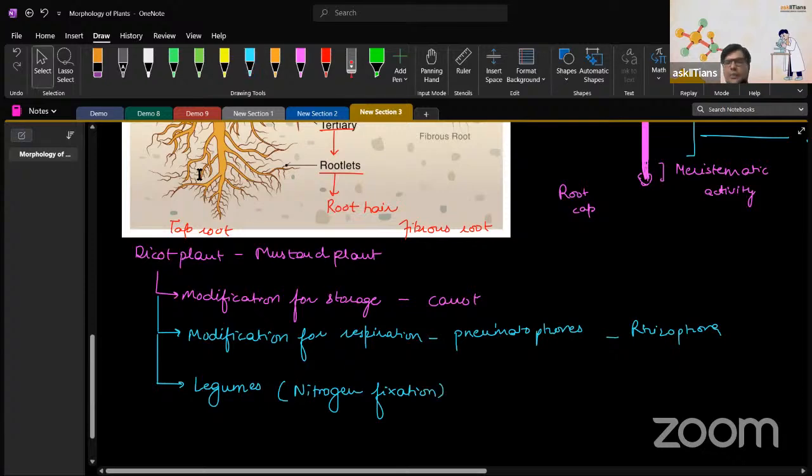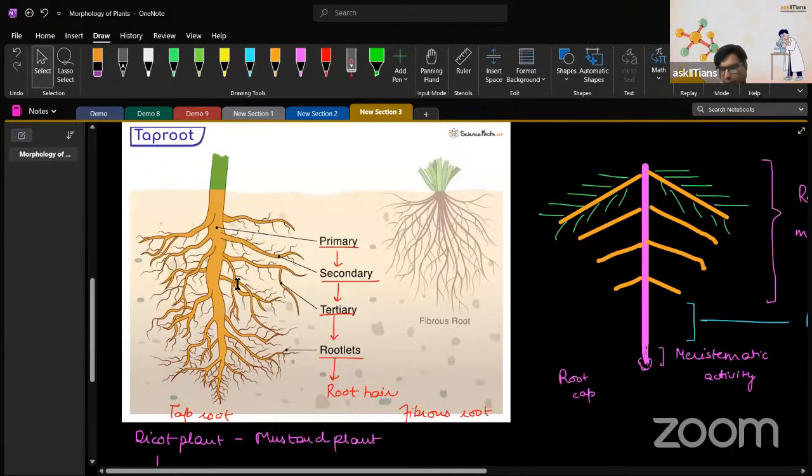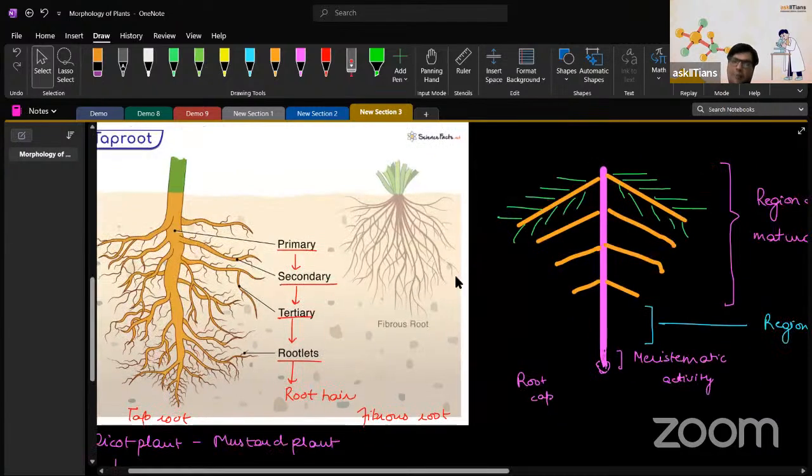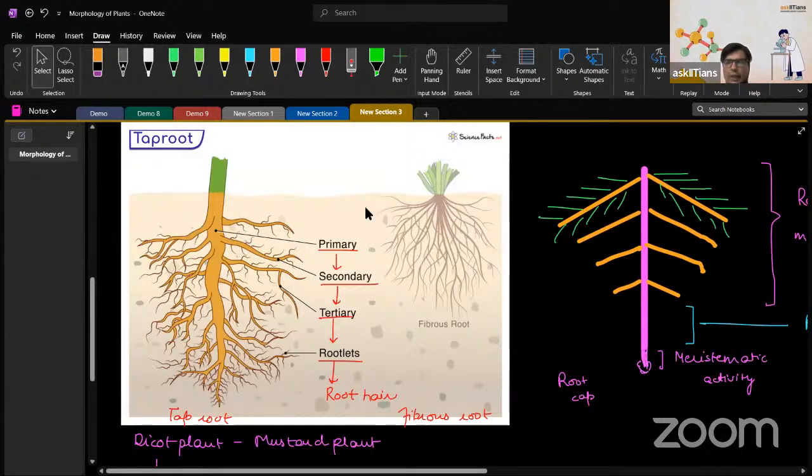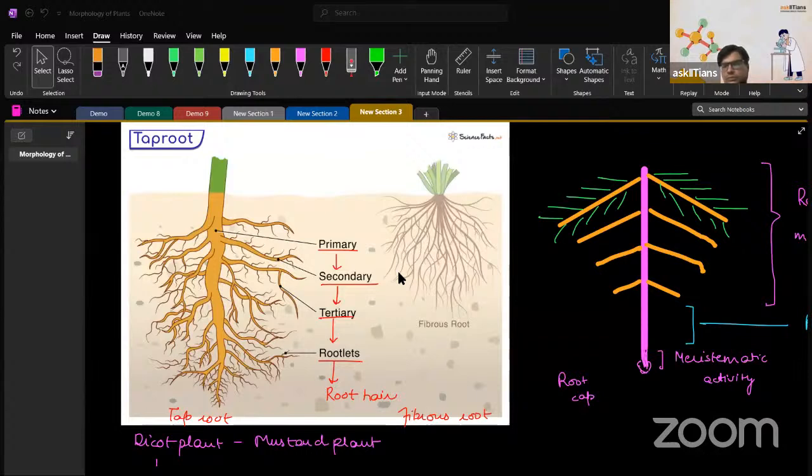Now, let's move to the fibrous root. First of all, the fibrous root system is found in the monocots, and the taproot is found in the dicots. So for the fibrous root system, I can't see it here, so I'm going to need another diagram. As I told you, a fibrous root system is going to be found in the monocots like grasses and all that, right?